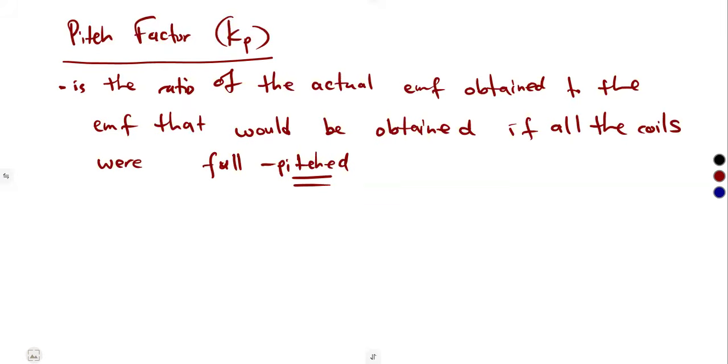Fully pitched, our KP was supposed to be 1. So meaning to say, it can be affected when it is not fully pitched. This is a condition where you have short pitched coils.